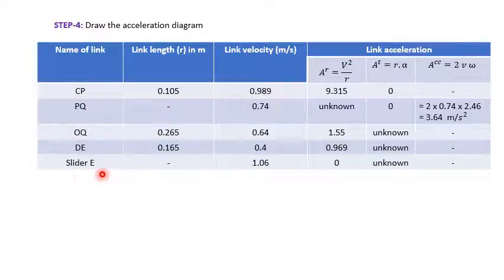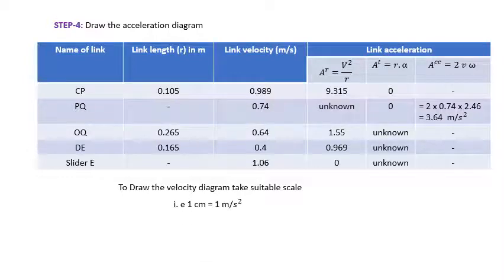For the slider E, it does not have any length, but velocity is 1.06 meter per second. Radial acceleration is 0 because radius is 0. Tangential acceleration is unknown. Coriolis component is 0. So we have to consider a suitable scale in order to draw the acceleration diagram. We are considering 1 centimeter equals 1 meter per second square.